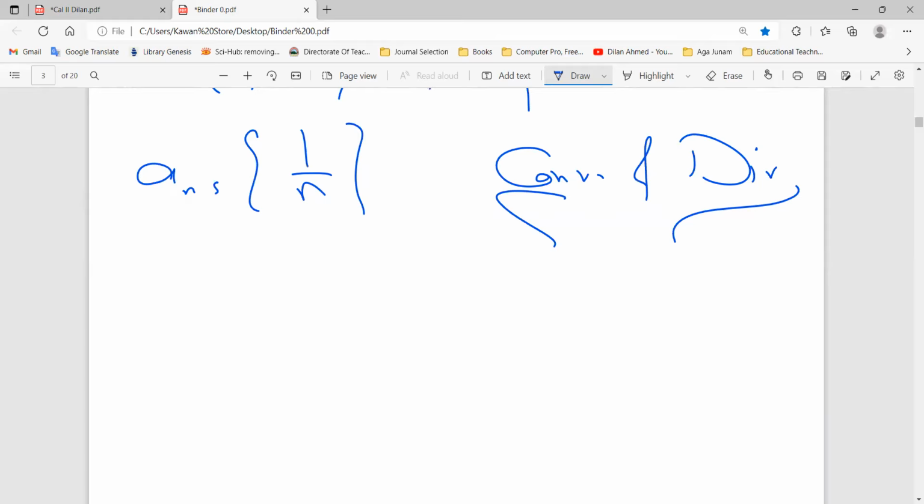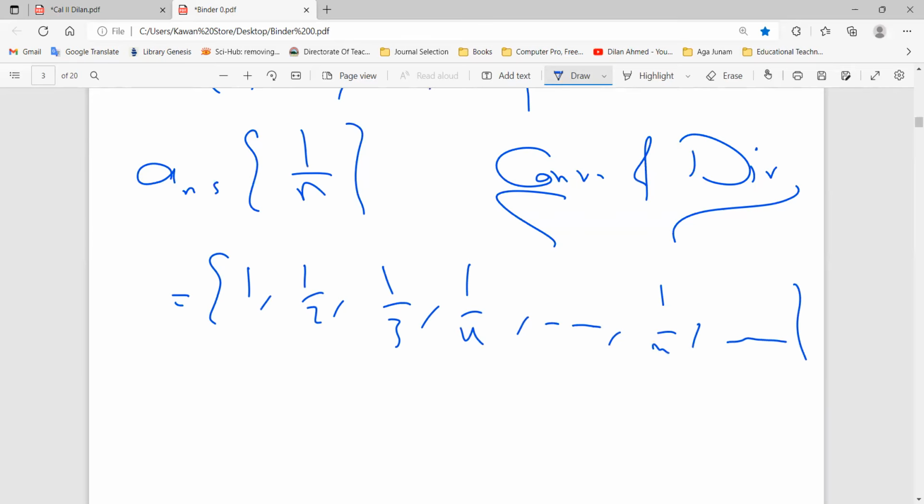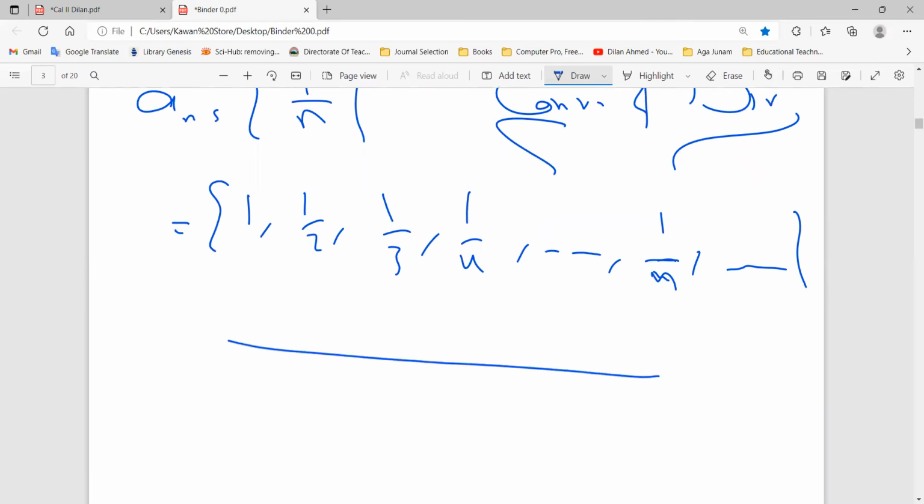The answer depends on how you see it, or the direction that you are thinking about the question. First of all, I'm going to put the numbers. So I'll get 1, 1 over 2, 1 over 3, 1 over 4, and go 1 over N, till infinity. Am I right? So show me if we are in 1. Think about it. I am in 1.